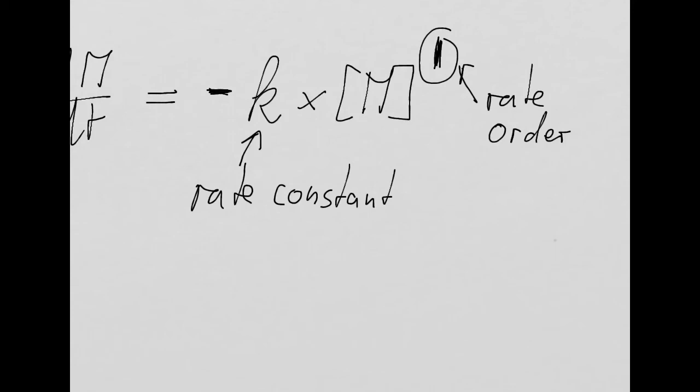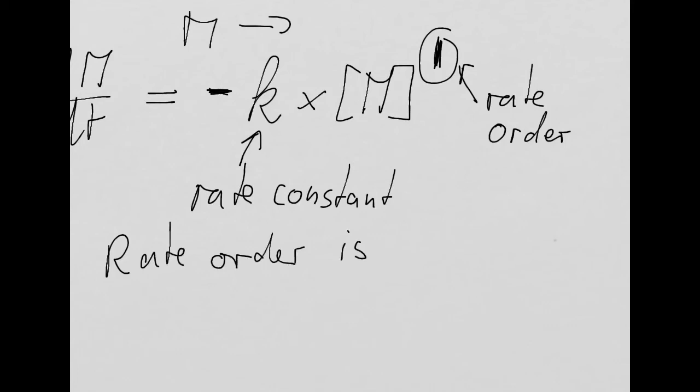So in this case, we would say this is the rate order of this particular reaction where m disappears. The rate order of this particular reaction is 1. So rate order is 1.